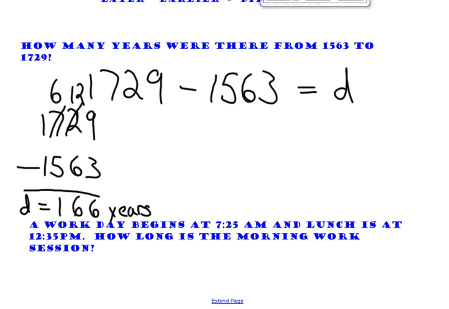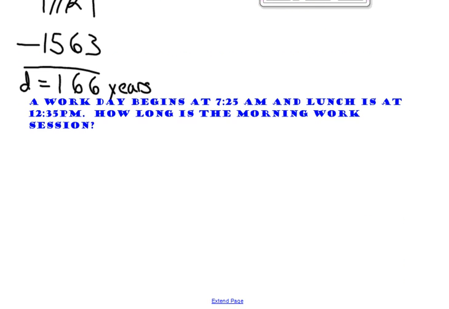Let's try another one. Here is a different example of how time works. It says a workday begins at 7:25 a.m. and lunch is at 12:35 p.m. How long is the morning work session? So we're going to use our idea of L minus E equals D. So later minus earlier equals the difference.